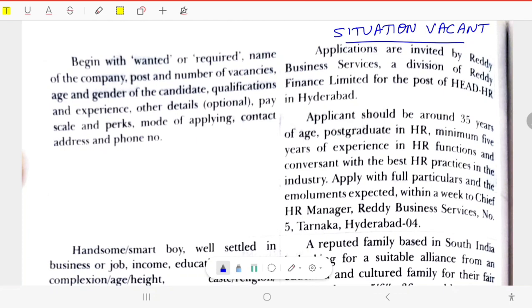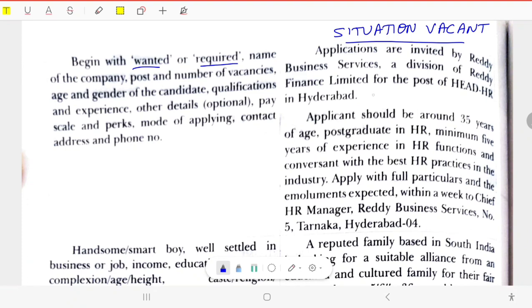In this kind of advertisement, we need to begin with wanted or required. Situation vacant means there is some vacancy in your company, institute, school, hospital, whichever it is. For that we are giving the advertisement.